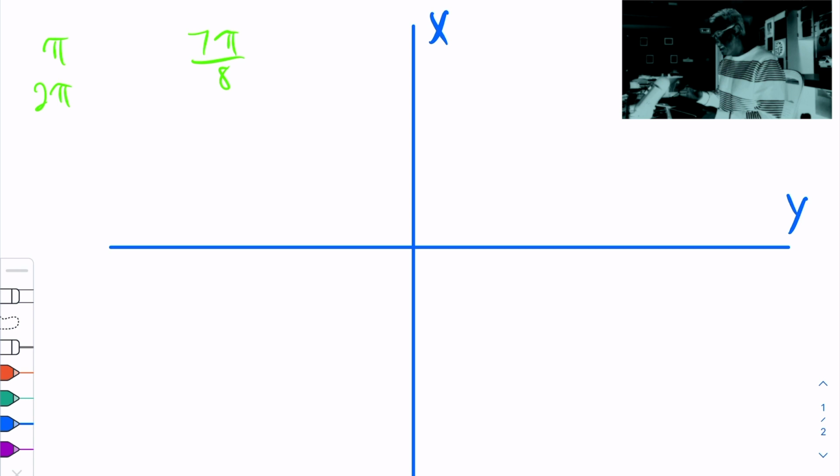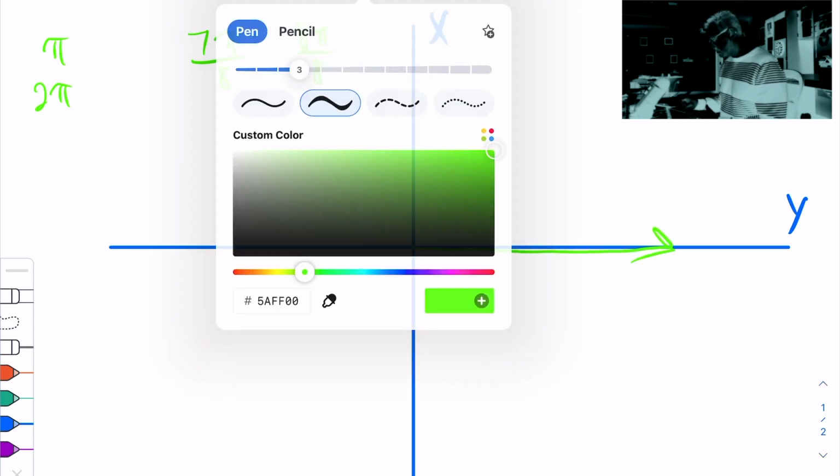If pi is half a rotation, how would I write a fraction with 8 for a denominator so that the 8s would cancel and I'm left with just pi? Well, 8 over 8 cancels, I'm left with just pi, so 8 pi over 8 is half a rotation.